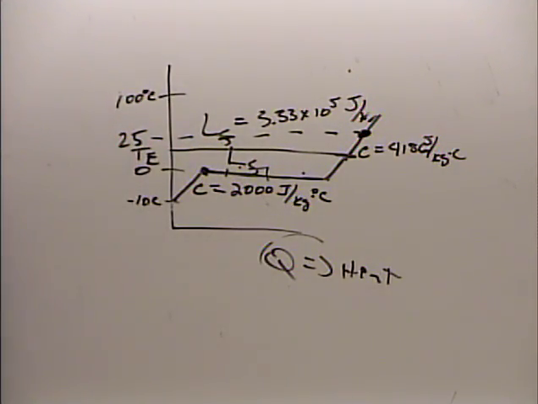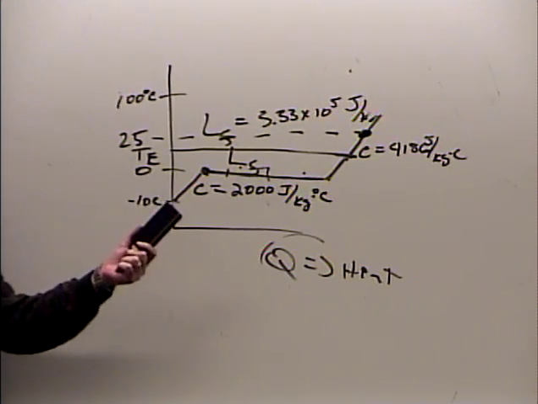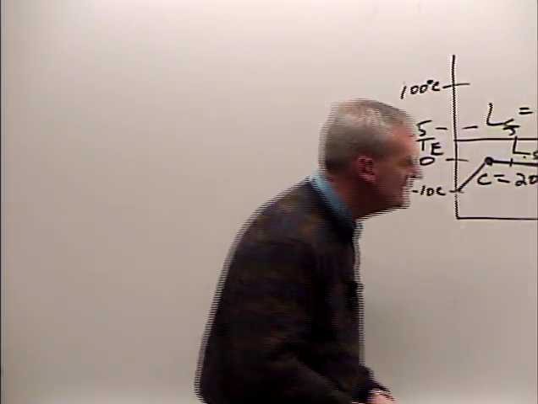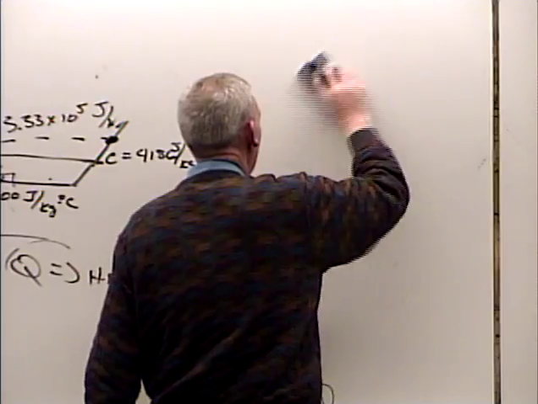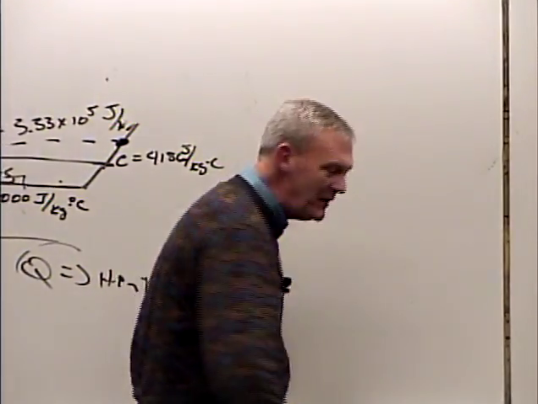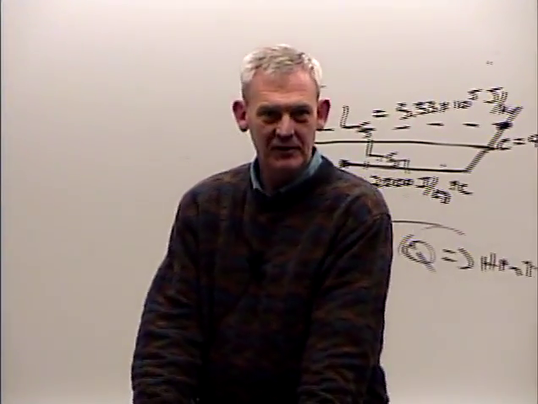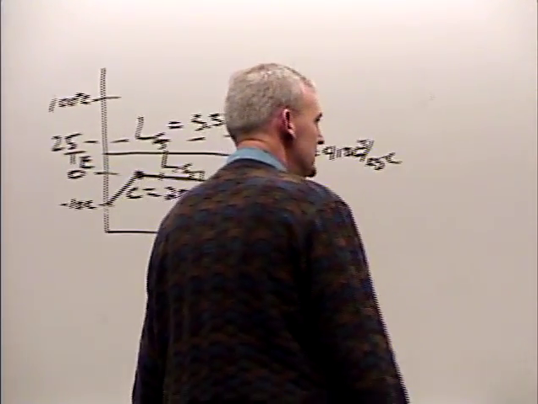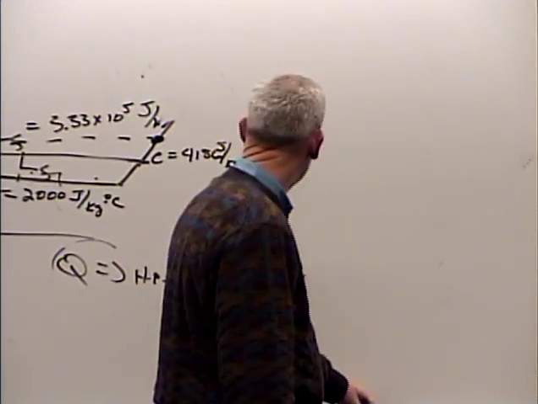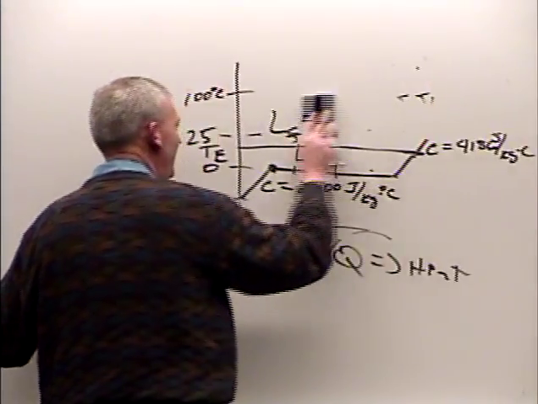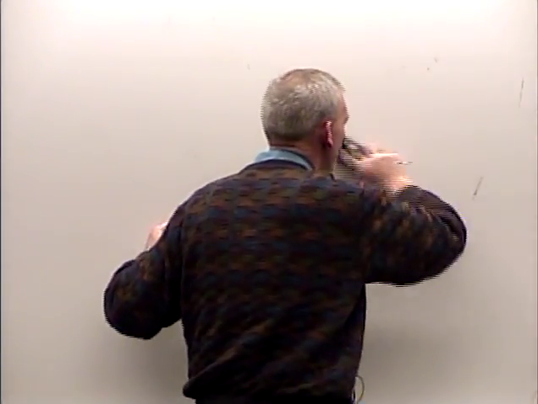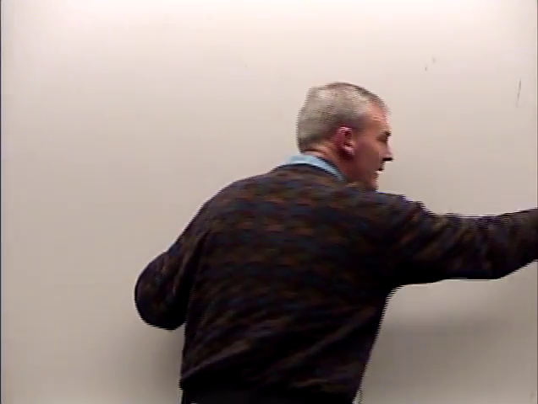That's what's going to happen. So what we do: gains equals losses, solve for equilibrium temperature, boom. All right, so here we go. What's going to be gaining? The ice. What's going to be losing? The aluminum and the water. So let's erase all this, and let's just do the gains and losses over here.